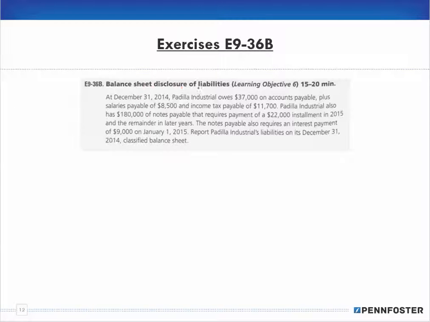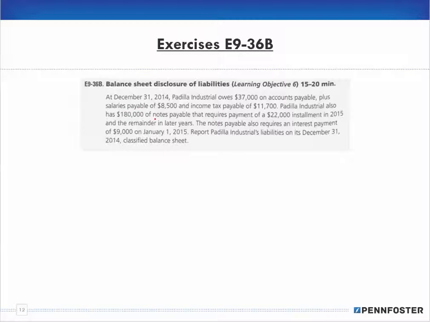And it says here, balance sheet disclosure of liabilities. All right, so kind of the same thing that I was talking about for exercise 9-36B, in that it was the way the information is presented on the balance sheet. So it says here, at December 31st, Padilla Industrial owes $370 on accounts payable, plus salaries payable of $85, income tax payable $11,700.